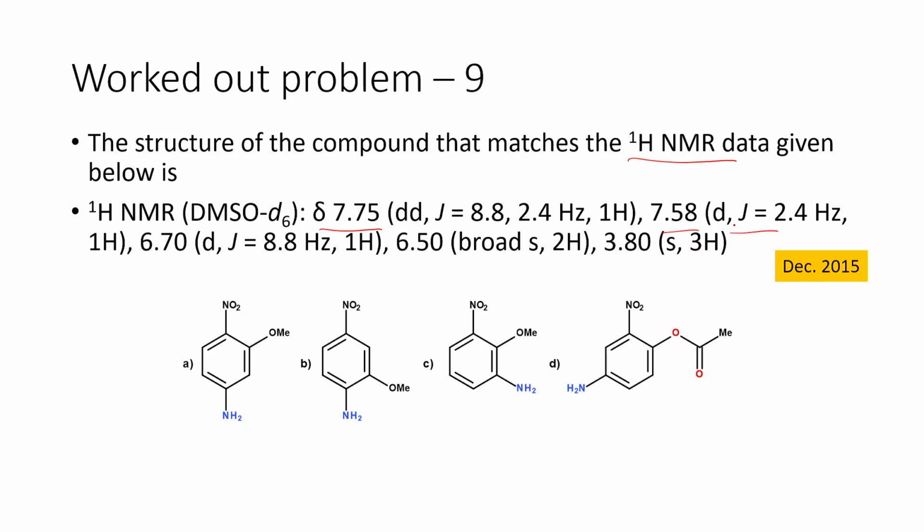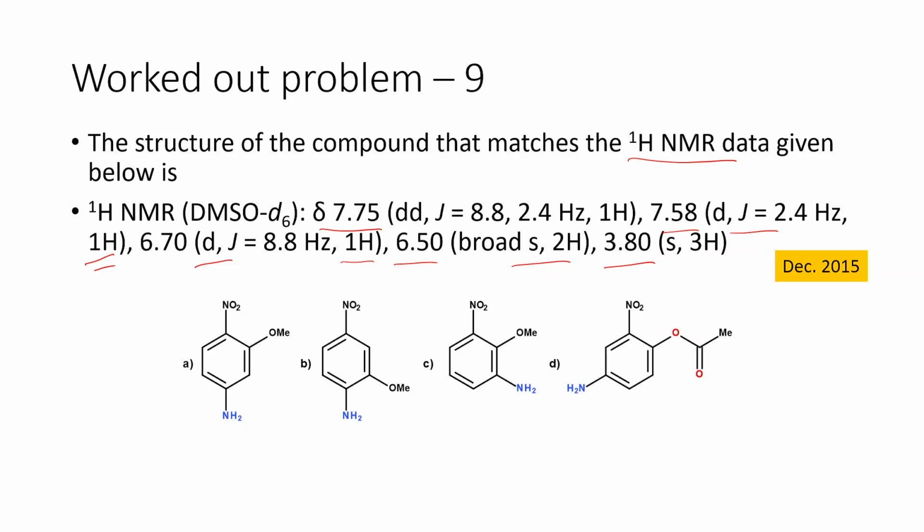It's a doublet with a coupling constant of 2.4, and this is for 1 hydrogen atom. And we have another peak at 6.70, which is a doublet with J coupling constant of 8.8 Hertz for one hydrogen atom, and at 6.50 we have a broad peak which is for 2 hydrogen atoms, and we have a singlet at 3.8 for 3 hydrogen atoms.